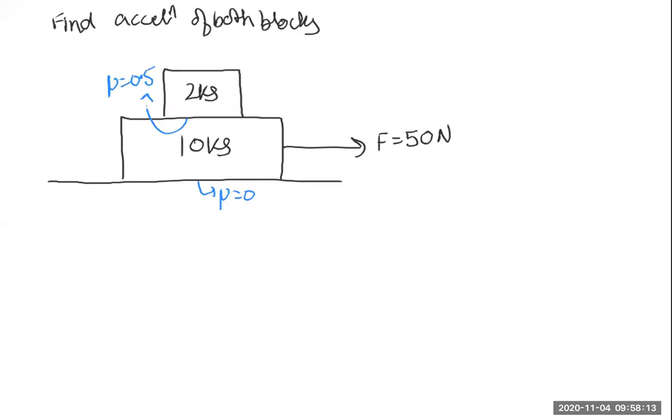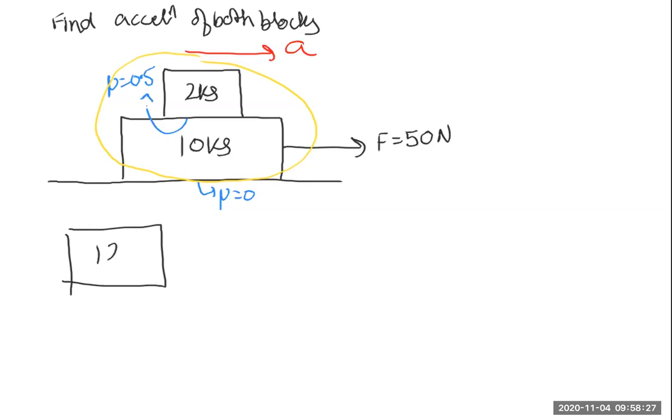So we assume that both the blocks move together, and we assume that the acceleration is a. So basically, we have a 12 kilogram block जिसके ऊपर फोर्स F is equal to 50 न्यूटन लगा है. Okay.